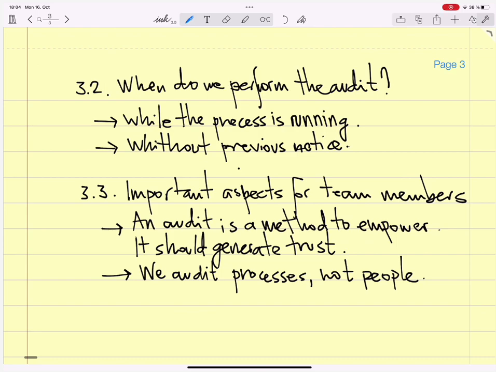I don't like the guy, just like that, okay? So it needs to be stated very clear, you audit processes, not people. Okay? This is important. So you inform about the audit questions up front.